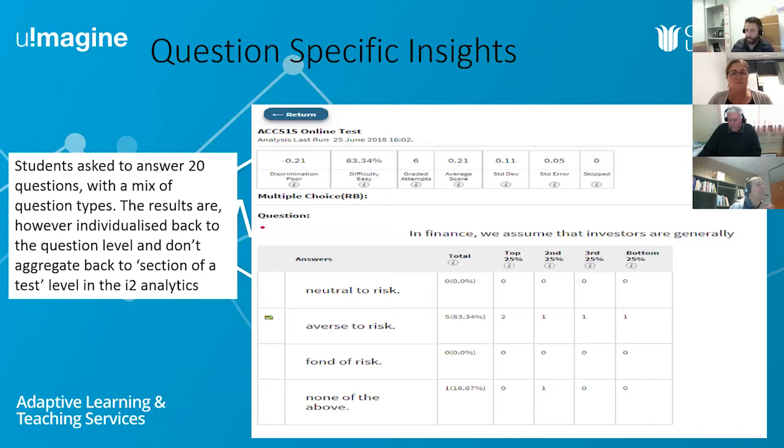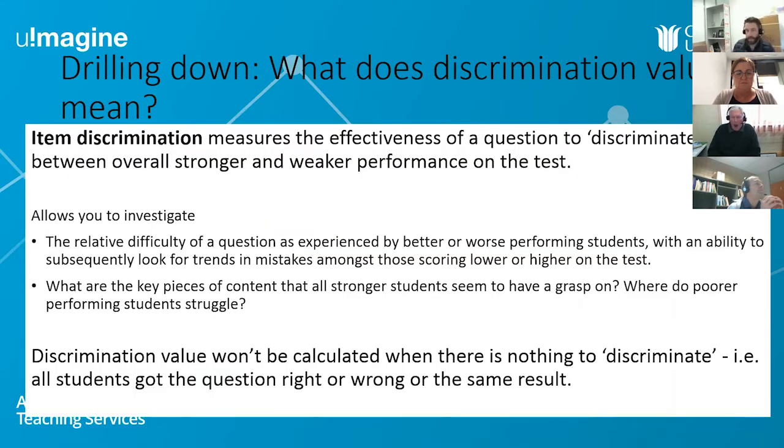It said that the difficulty level was easy. 6 people were presented with this question, and the average score was 0.21, obviously with standard deviation and standard error stats presented there as well. And so you can see that you can get some really interesting insights, but there are some limitations depending on how the questions are structured themselves.